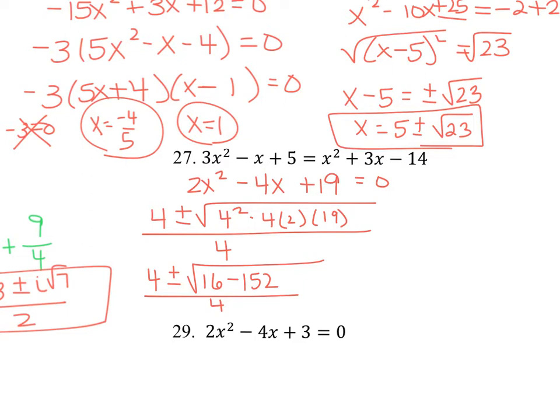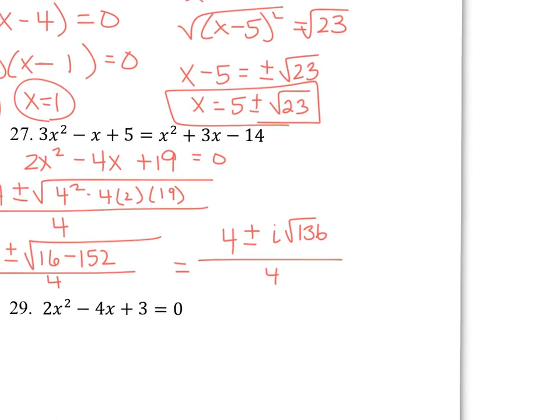Now 16 minus 152 is negative 136. So I have 4 plus or minus i square root of 136, because I knew it was going to be negative, all over 4.